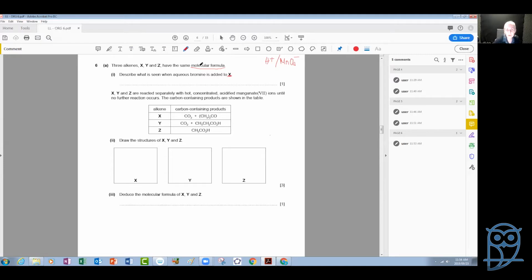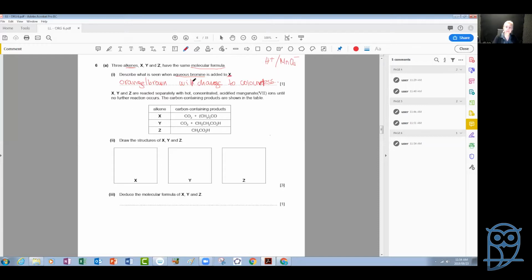So in this case, because we know that these are alkenes, which means they are unsaturated, we know that the color of the bromine water will change. From this orange-brown that it is, the orange-brown aqueous bromine solution will change to colorless.